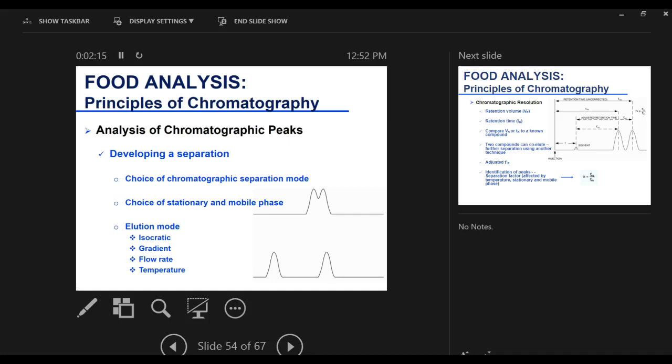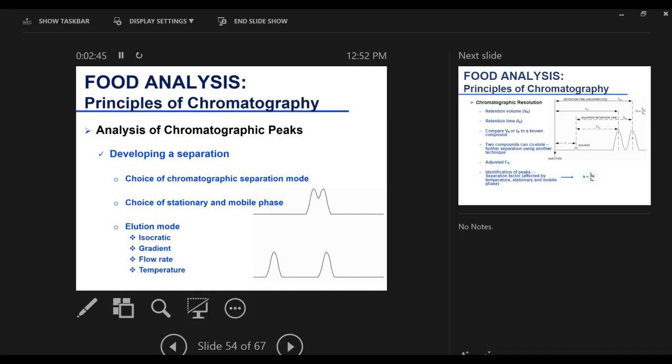And then we choose the elution mode. That means, are we going to have isocratic? That means I don't change the concentration of my mobile phase for the entirety of the analysis time. So if my compounds separate nicely in a short period of time, I don't need to do anything. But if my compounds are so different in this mixture, one is going to interact for a long time on the column and another is going to interact a short time on the column.